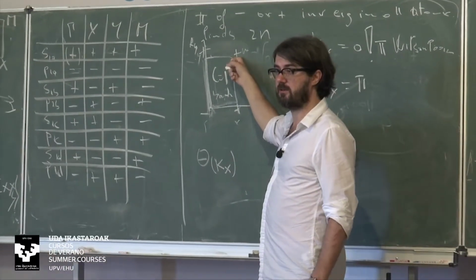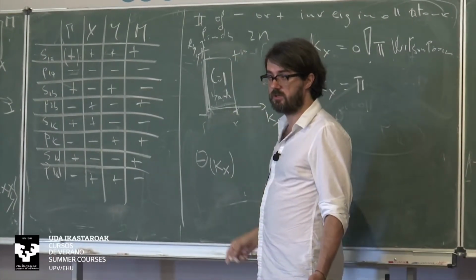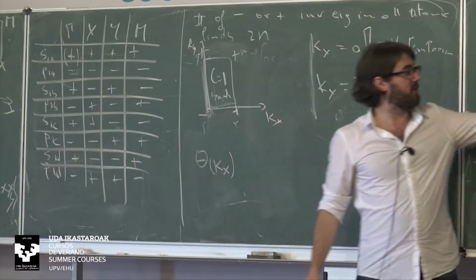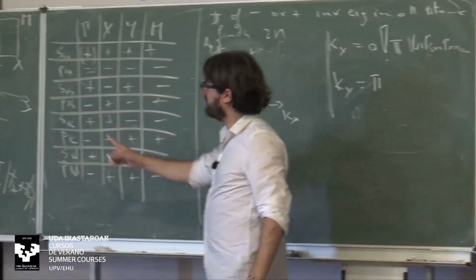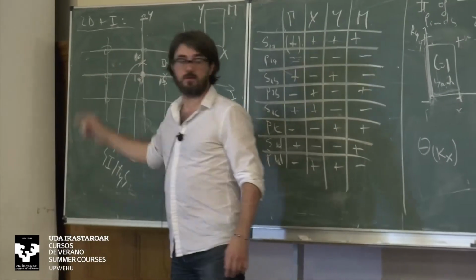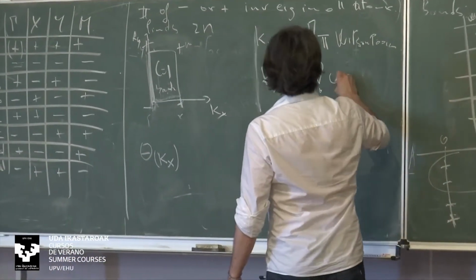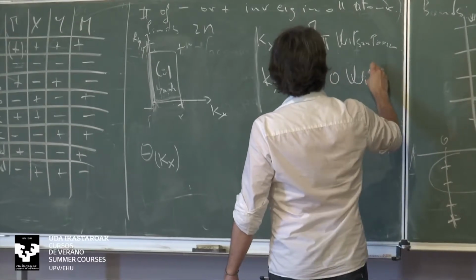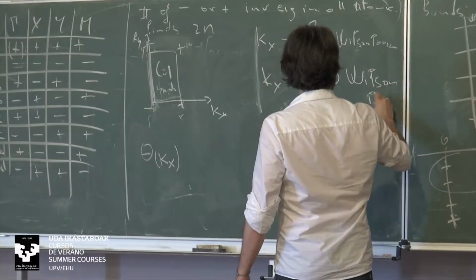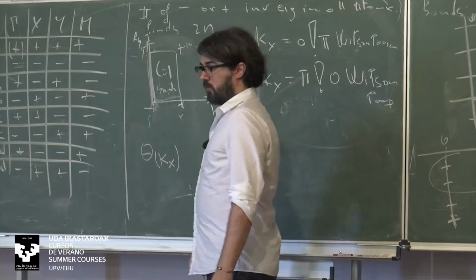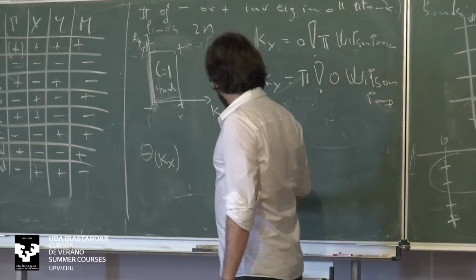Very good. At kx equals pi, I have a 1D system that's inversion symmetric with eigenvalues plus and plus in this band that I chose, which is an s orbital at the 1a position. And what's the Wilson loop for this? 0. The Wilson loop is the center of Wannier charge.